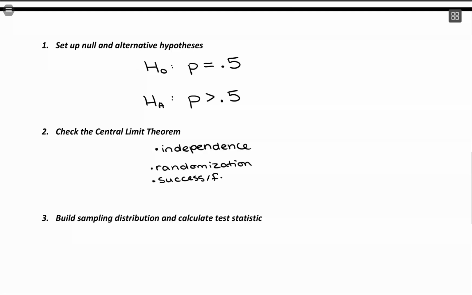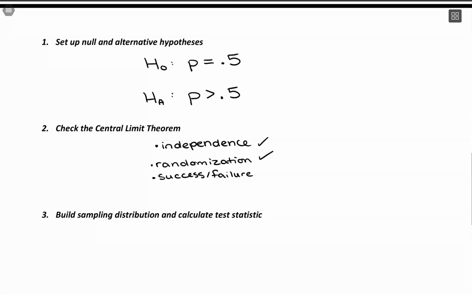So again, with independence and randomization, we'll be good there. Flipping a coin is independent. The probabilities don't change. Randomization, we chose a random coin, so we'll call that random enough. And then success failure, everything we do from here on out is pretty much built around this null hypothesis, so that's going to be a proportion.